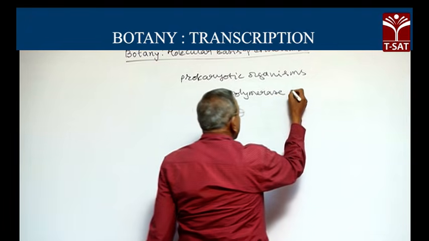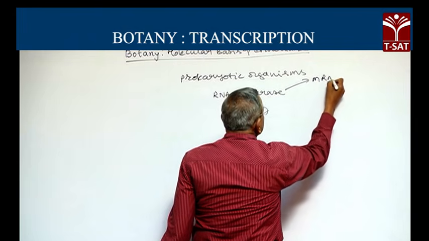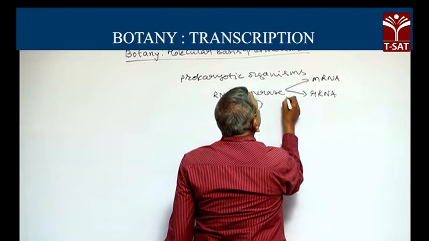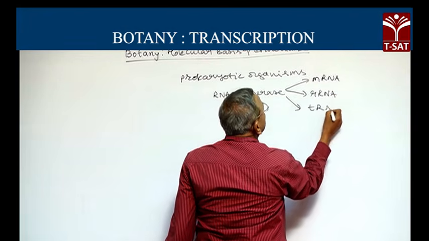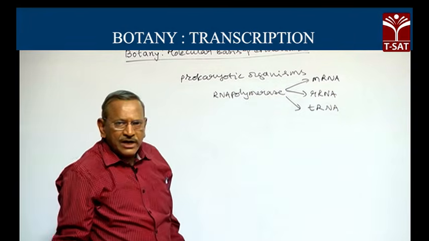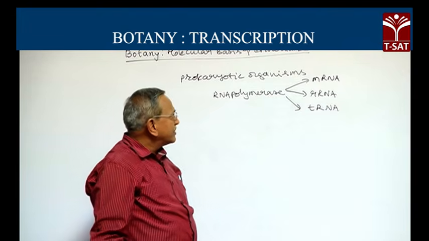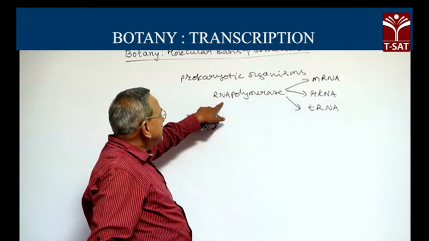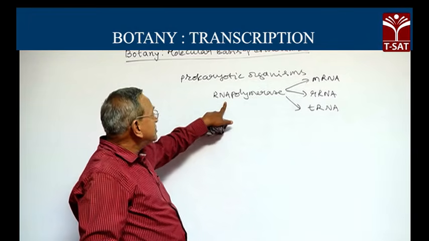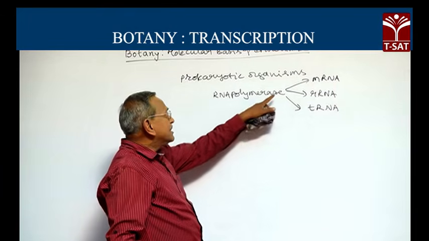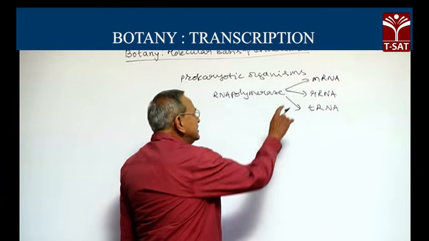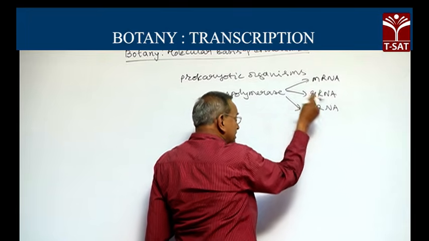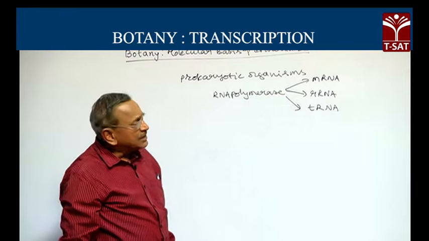It will be transcribing for mRNA, it will be transcribing for rRNA, it will be transcribing for tRNA. All three kinds of RNAs are transcribed from the DNA, and the three types are produced by the catalytic action of the same enzyme, RNA polymerase.